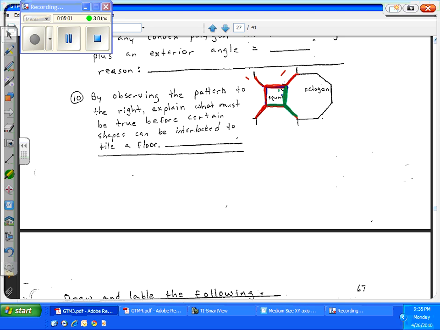But what we really want to consider is the exterior angle of this one with the interior angle of the square with the interior angle of the other octagon. See? So focus on that and try to put in words what must be true for those to interlock. Okay?